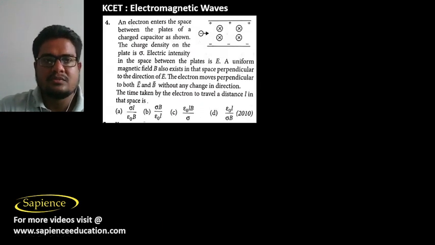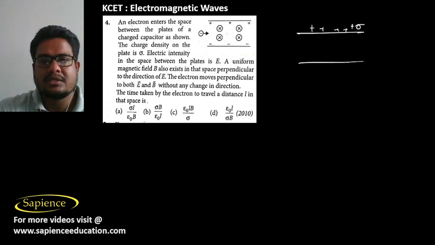Then in question number 4, an electron enters the space between the plates of a charged capacitor as shown. The charge density on the plate is sigma. Here we have charge density plus sigma. Here we have the charge density as minus sigma.